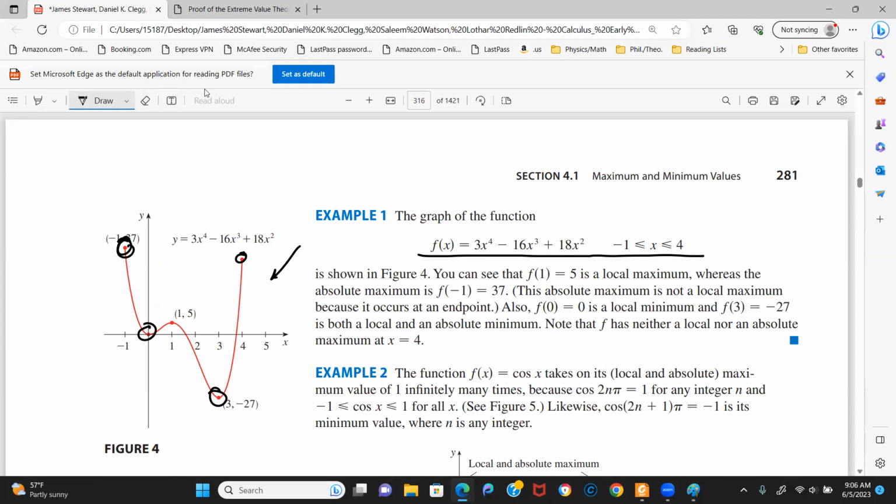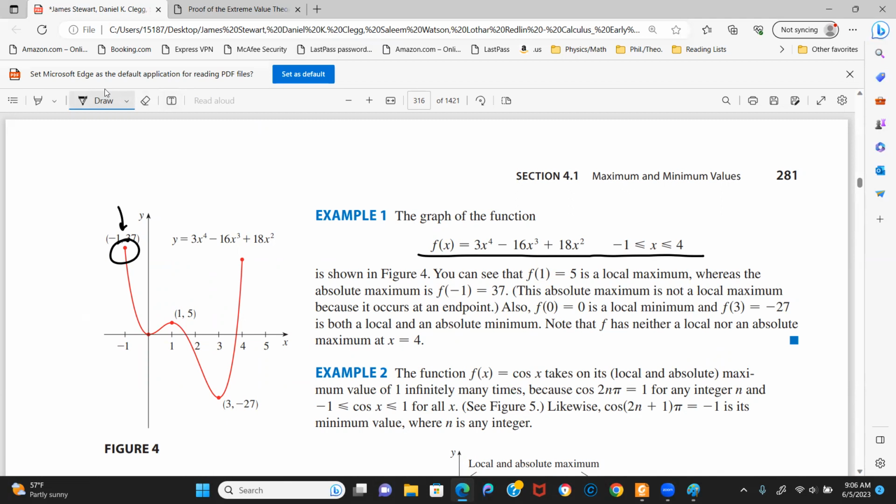All right, anyways, I'm not going to write it all down, but I'm just going to say it out loud. So let me start over. All right, so this point right here is going to be higher than this point. So this is a local and absolute maximum.